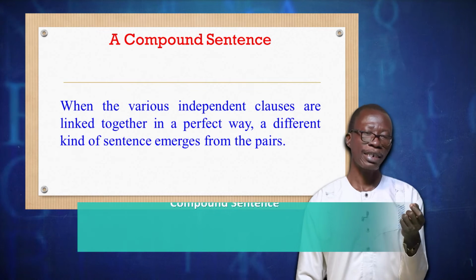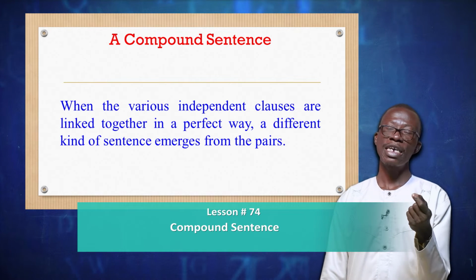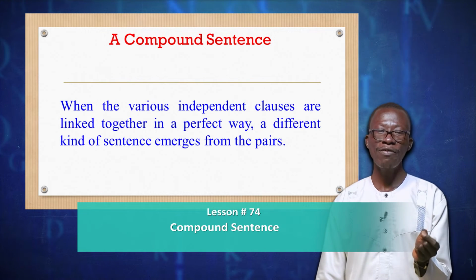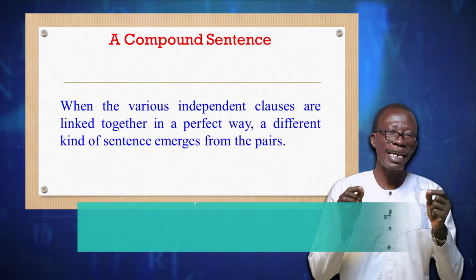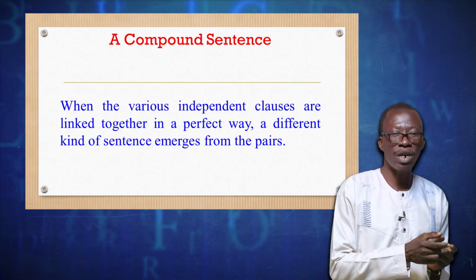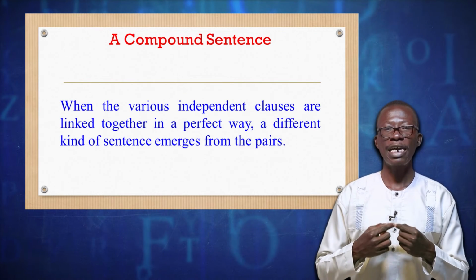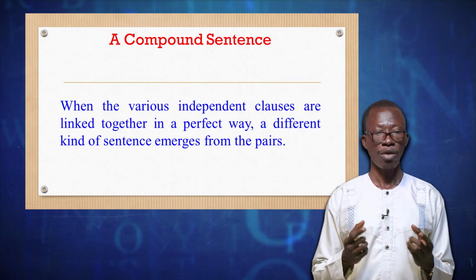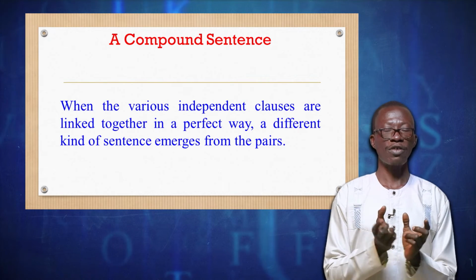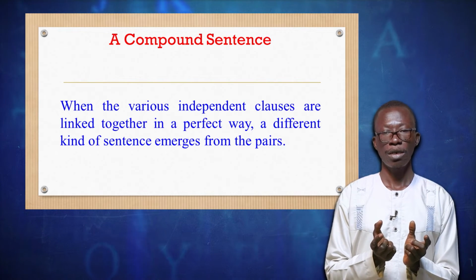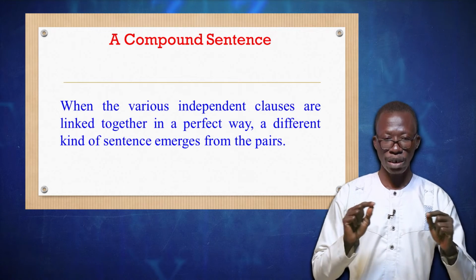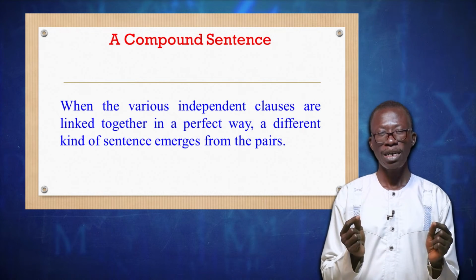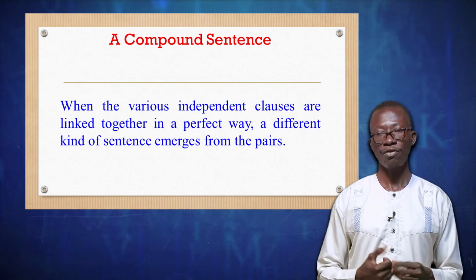Now, a compound sentence, what do we then say is a compound sentence? We say when the various independent clauses are linked together in a perfect way, a different kind of sentence emerges from the pairs. As we've seen, when we brought the first pair together, a different kind of sentence emerged from it.